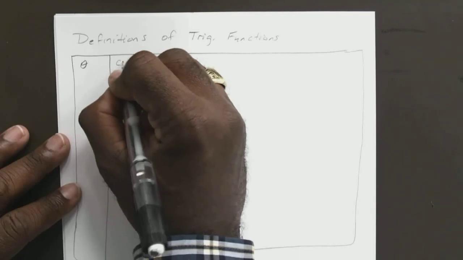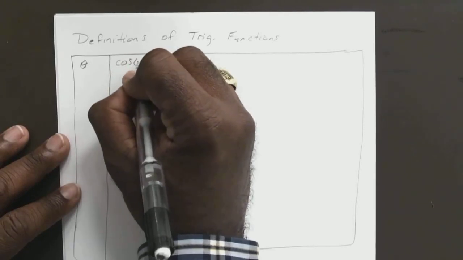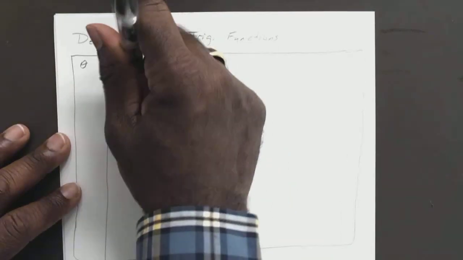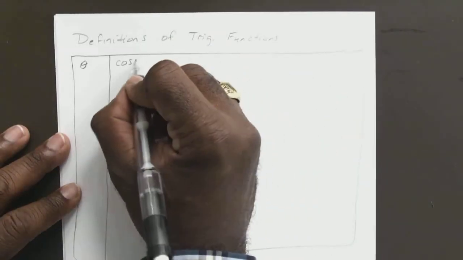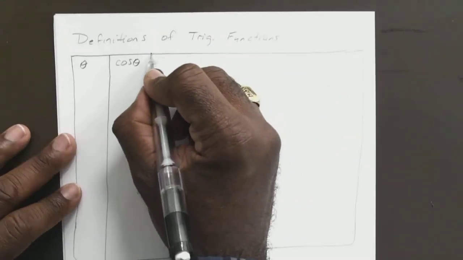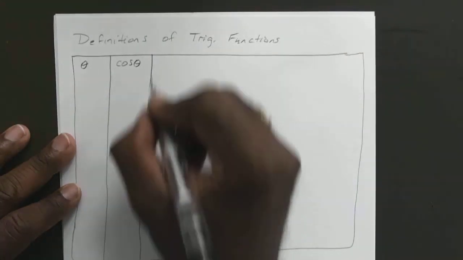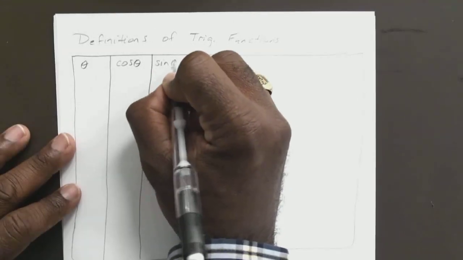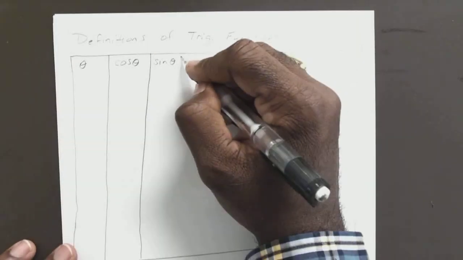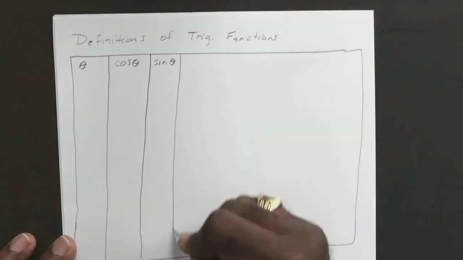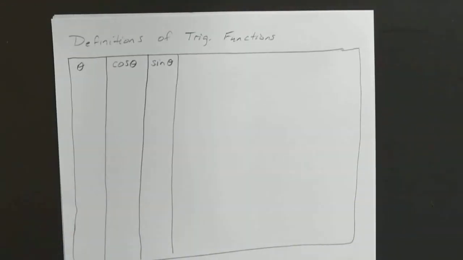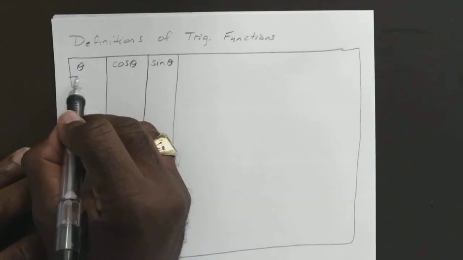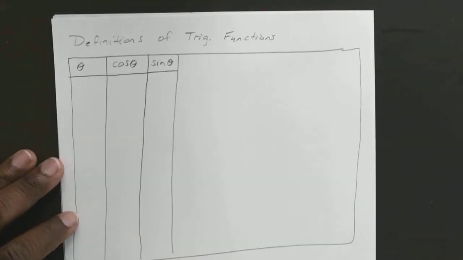Okay, so we have our cosine of theta and we have our sine of theta. Okay, so right now we're just going to figure out those three.